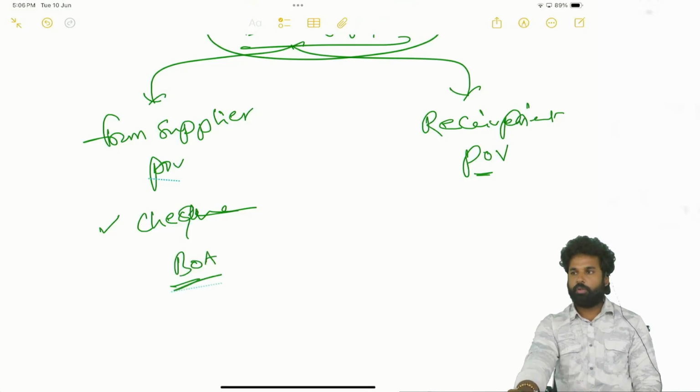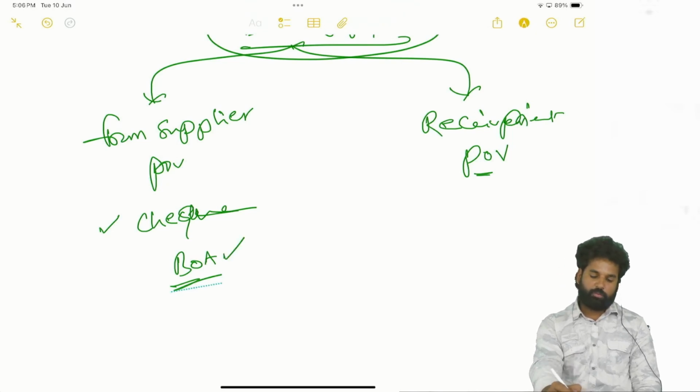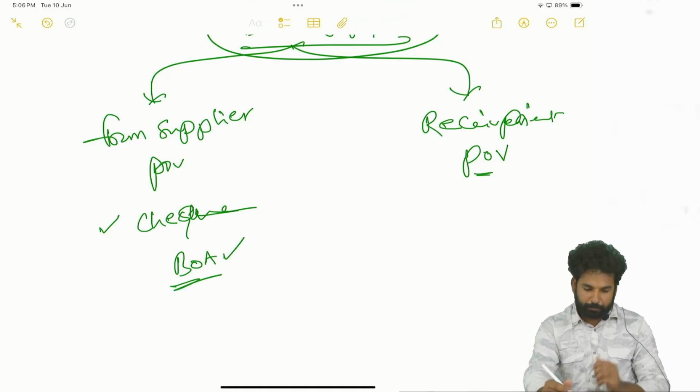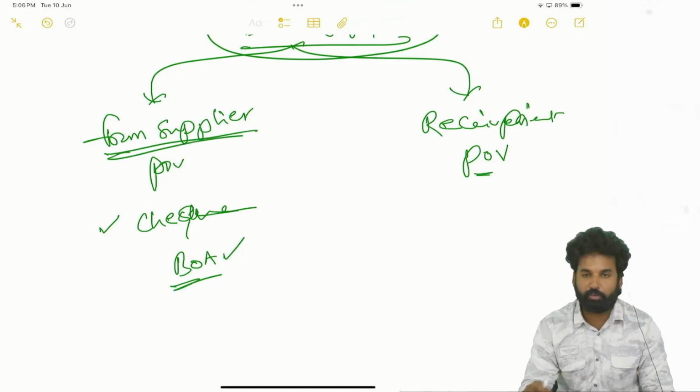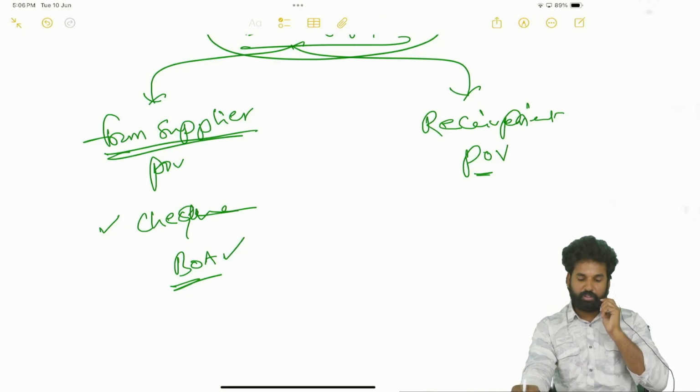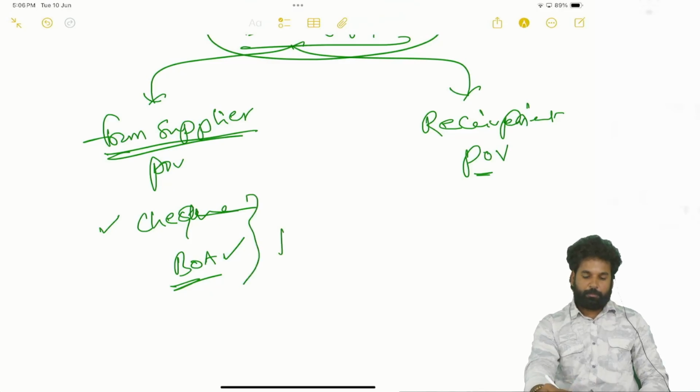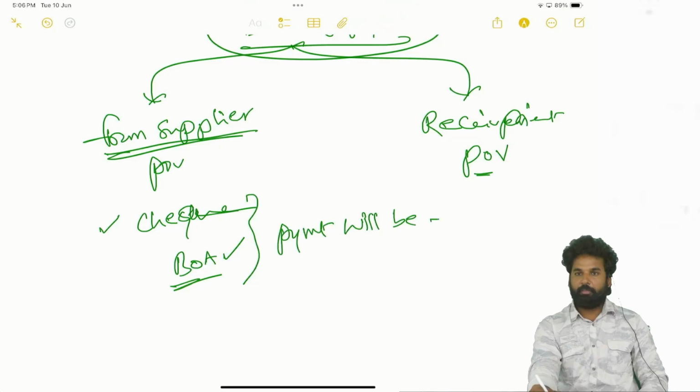You will create the bank account entry and debit the receiver. Here we are talking from the supplier point of view, correct? So in this case, the payment will be entered when you are receiving the check.